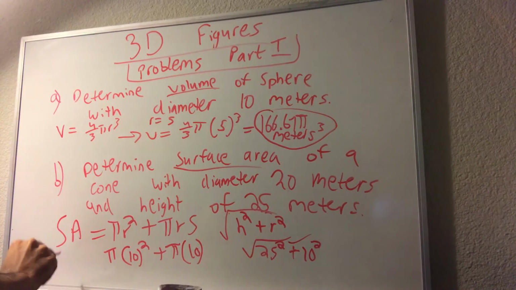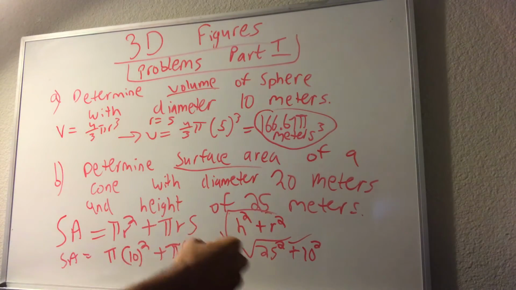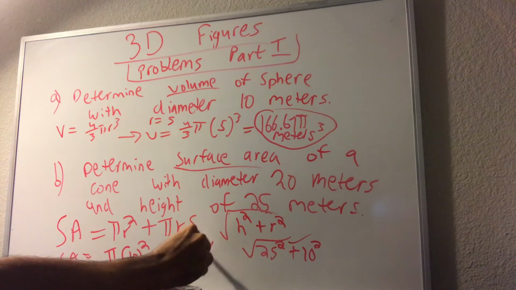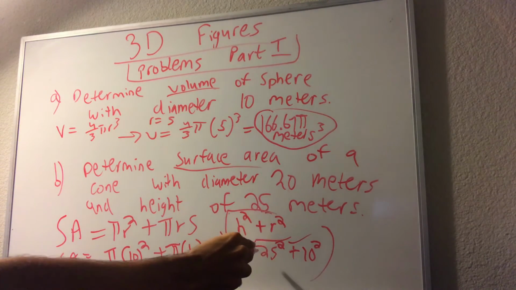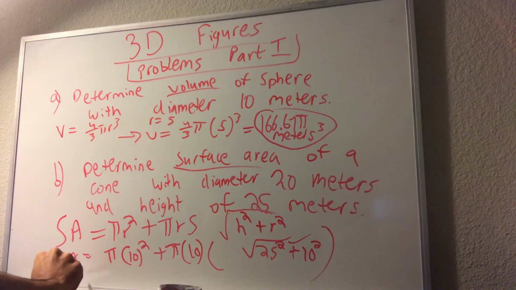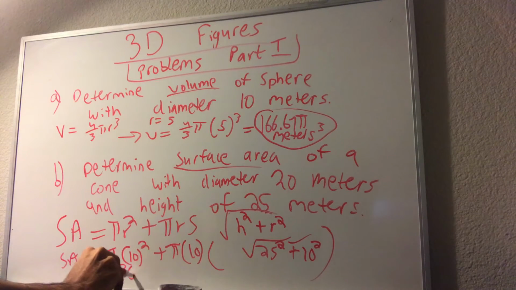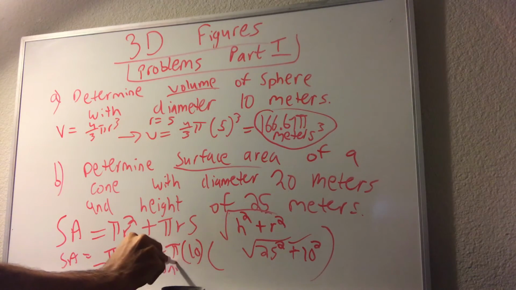So the surface area is equal to pi times 10 squared plus pi times 10 times the square root of 25 squared plus 10 squared. If you further evaluate this, you get that the surface area is about 369 pi units squared.